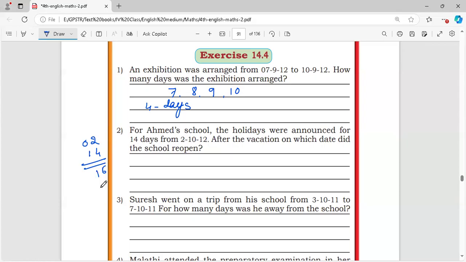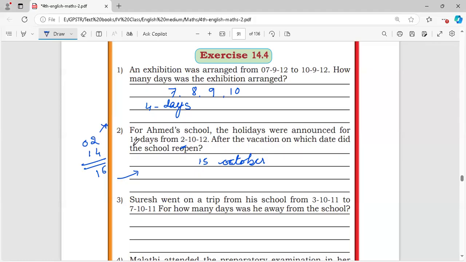That means if we consider 2nd October, the school will reopen on 15th October, because 2nd is also a holiday.